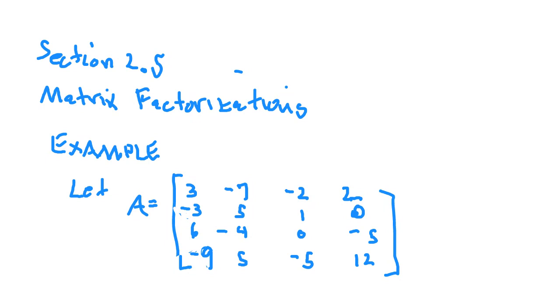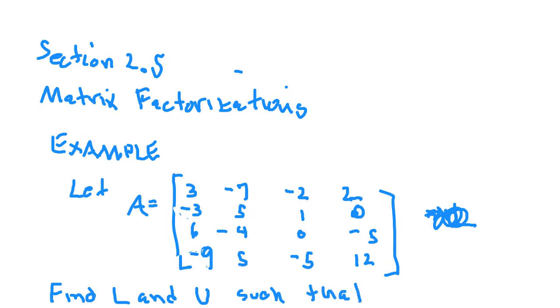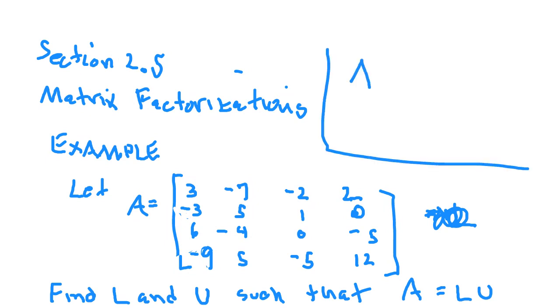Now what we want to do is write this matrix A, we want to find L and U such that the matrix A equals L times U. Incidentally, the matrix A is a 4 by 4. The matrix L is going to be also a square matrix, 4 by 4.